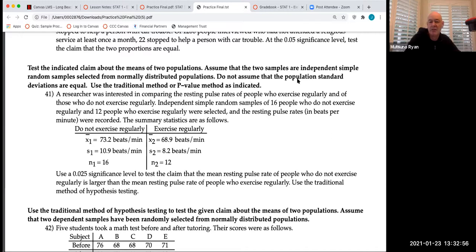Do not assume that the population's standard deviations are equal. So by not assuming that, that means that we are not pooling when we get to our two sample t-test. So the answer is no on the pooling. Because of this, do not assume that the population standard deviations are equal. So let's flip back. Oh, it did work.